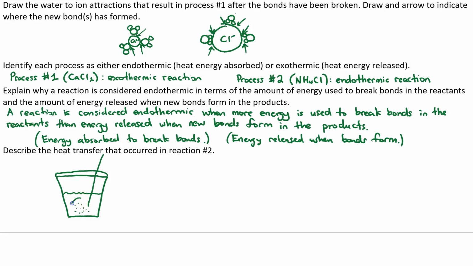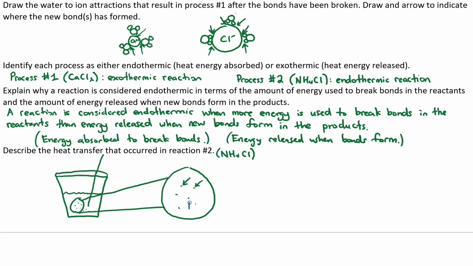So I'm going to zoom in on this, y'all. The surroundings would be the water, and since process number 2, the ammonium chloride, is considered to be endothermic, that heat is going to go from the water into the salt.